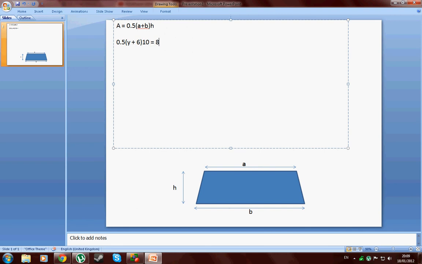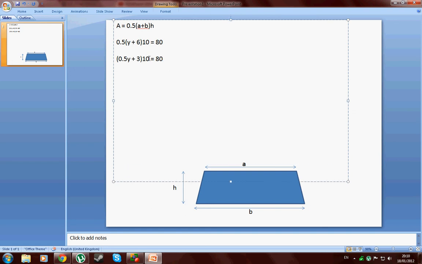I think this was 80? Let's see what happens. Couldn't hurt to work through another one. So the project does the first step for you and times everything by a half. So you have a half y plus a half times 6, which is 3, times 10, equals 80. I'm pretty sure these were the numbers actually, because I think I remember how it works out.